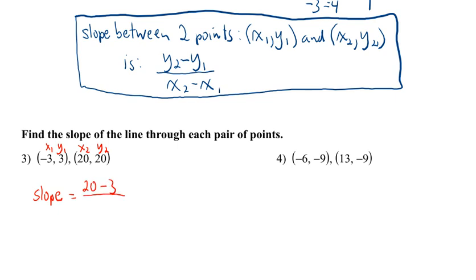And I'm going to subtract the two x's on the bottom. x2 minus x1. 20 minus negative 3. And if you need to use a calculator, use a calculator. 20 minus 3 is 17. 20 minus negative 3 is 23. The slope between these 2 points is up 17 over 23.